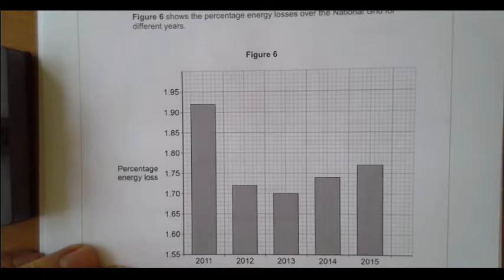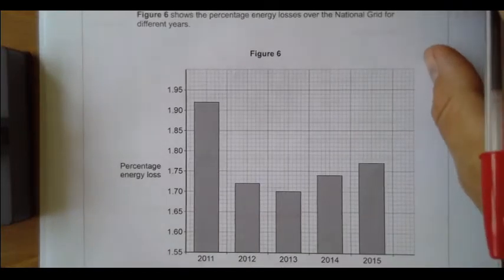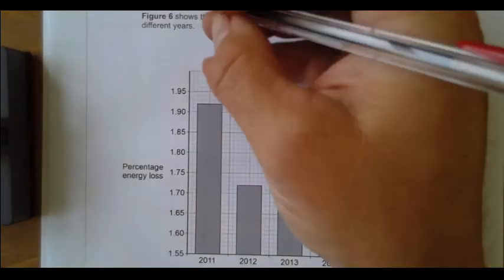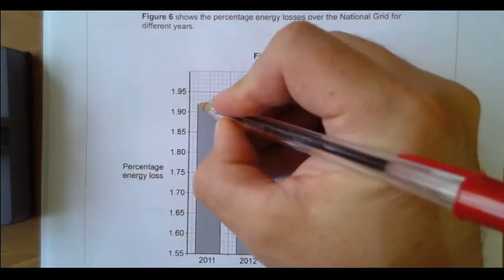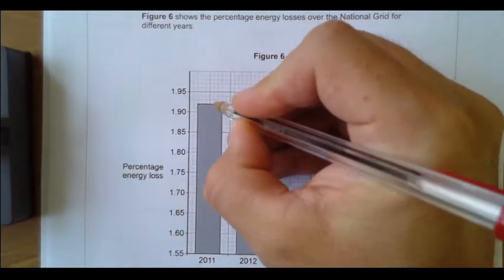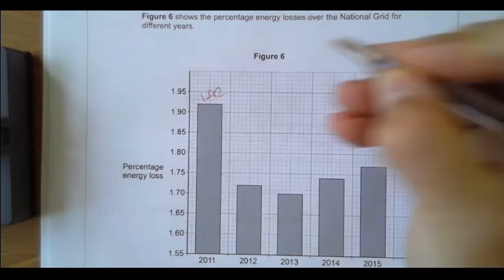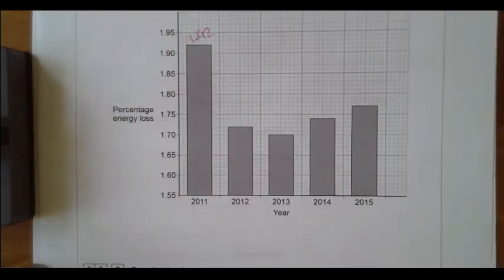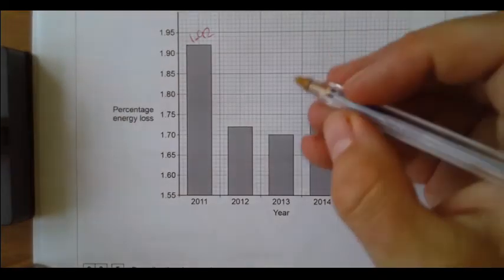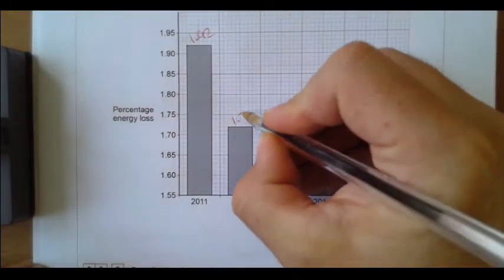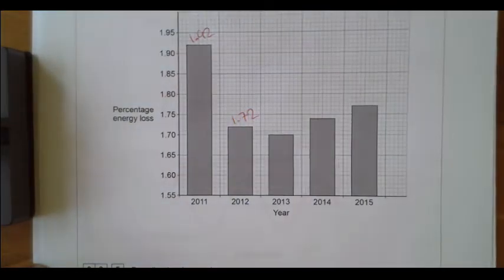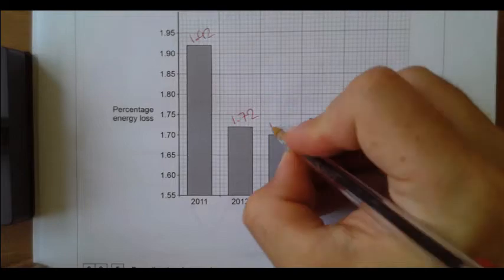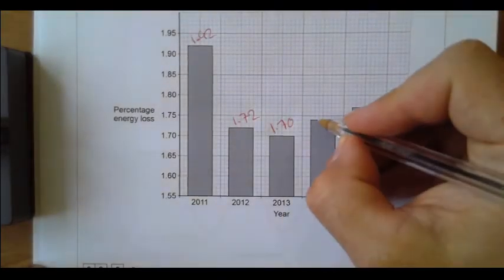So this looks to be 1.92. So I'm just having a look at the graph, seeing what it tells me before I even look at the questions. So 1.72, 1.70, 1.74 and 1.77.